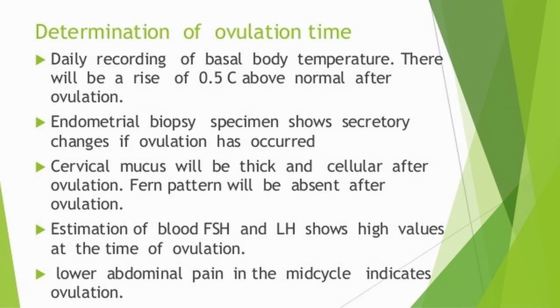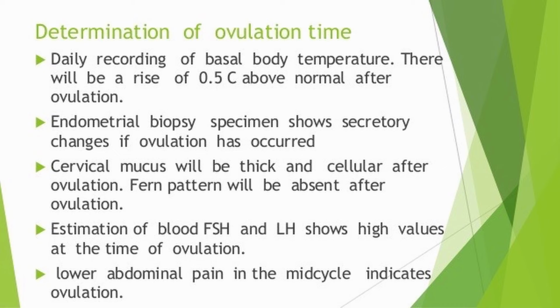And how can we determine the time of ovulation? First, daily recording of basal body temperature: there will be a rise of 0.5 degrees Celsius above normal after ovulation. Second is endometrial biopsy: the specimen shows secretory changes if ovulation has occurred. Third, cervical mucus will be thick and cellular after ovulation, and the fern pattern will be absent.